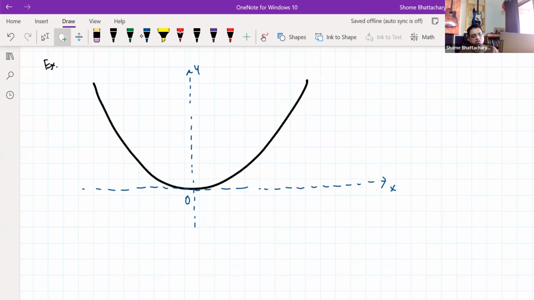Here gravity is pointing along the negative y-axis. So this is a fixed metallic wire frame kind of thing.